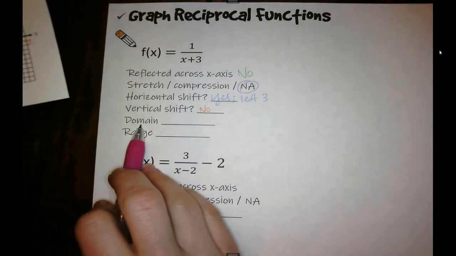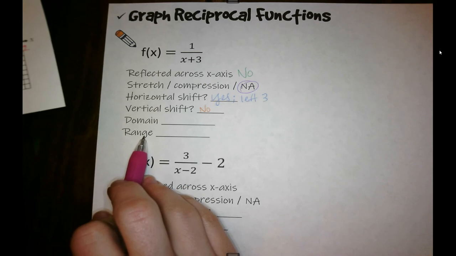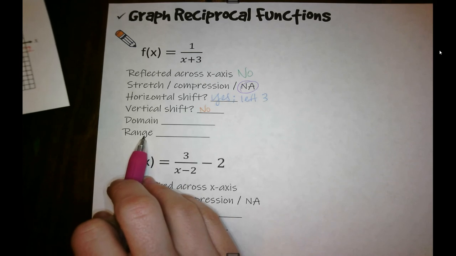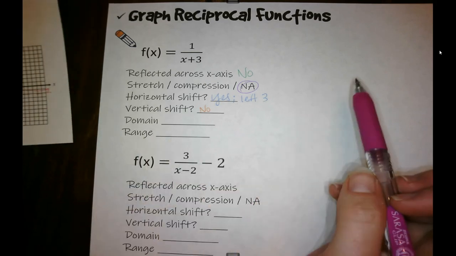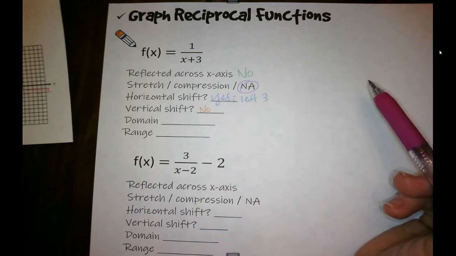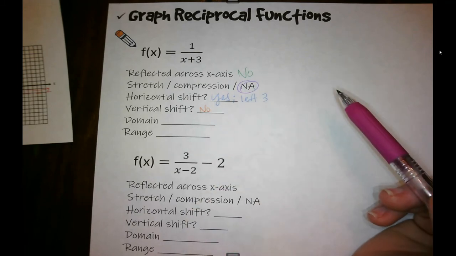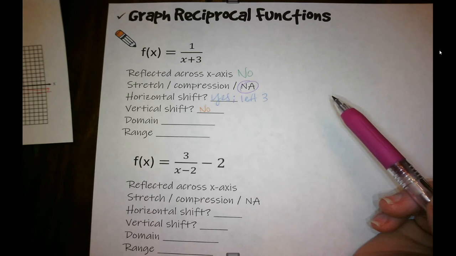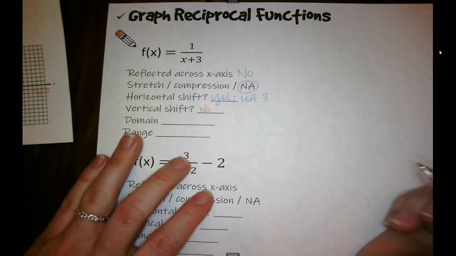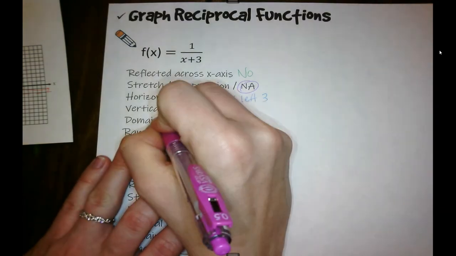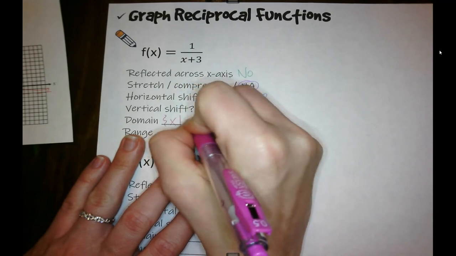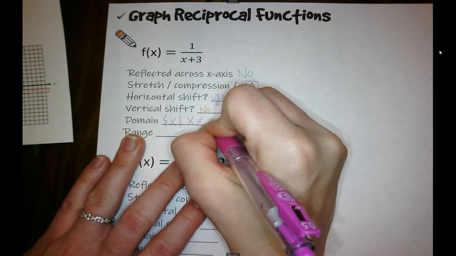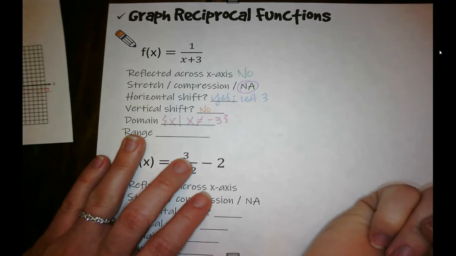So then what is our domain and our range? This time we've moved everything to the left 3, so that's going to change our domain. Our domain is going to be x does not equal negative 3.